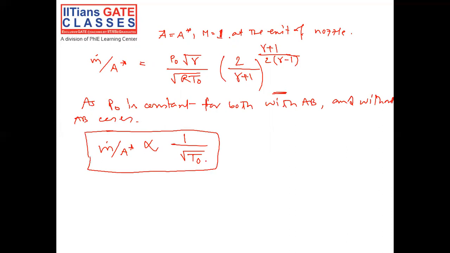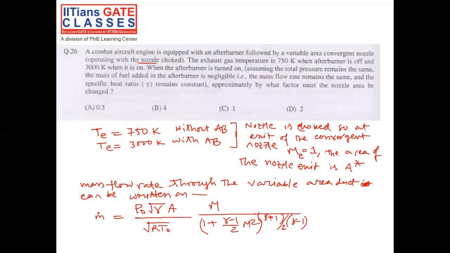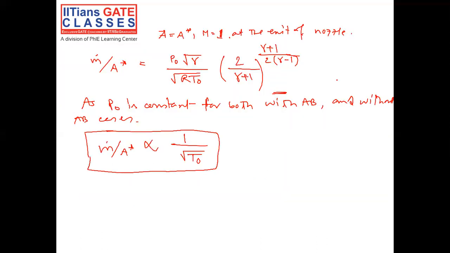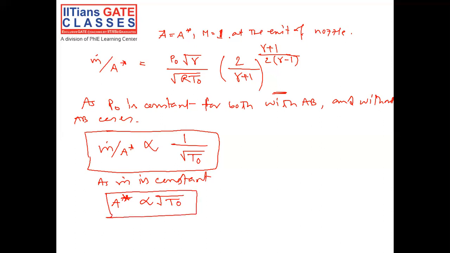Now in our case, it is given that the mass flow rate through the nozzle remains the same. So in this case, m dot is also constant. So as m dot is constant, what we are obtaining is A star, that is area of the nozzle, is directly proportional to under root of total temperature of the flow, right?